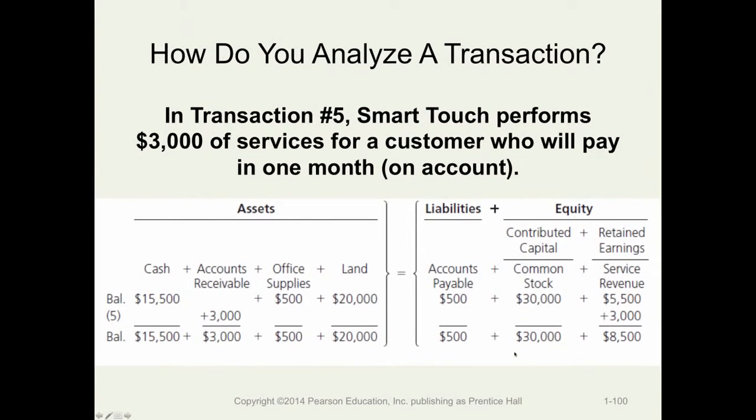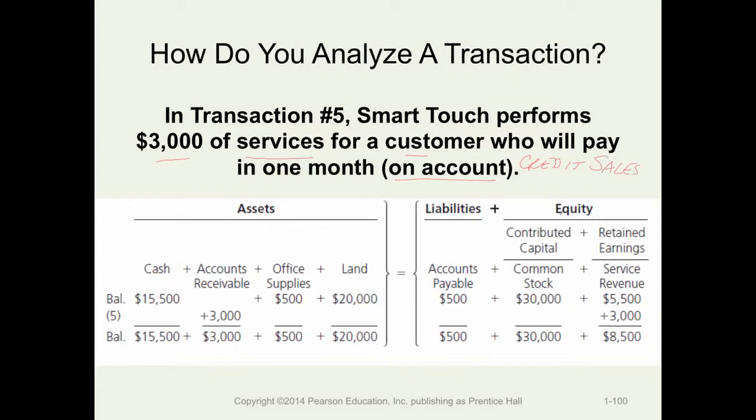Now, the next transaction, which is extremely important for us because we're providing services again, same revenue, but in this case, the customer will pay on account. So these are credit sales, not cash sales.